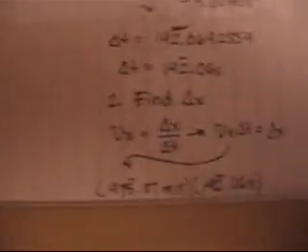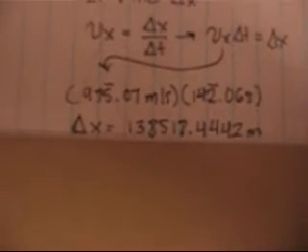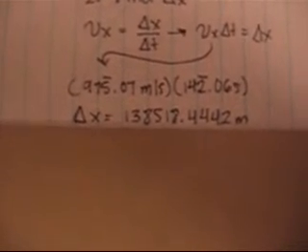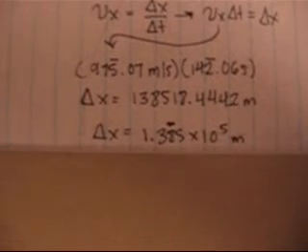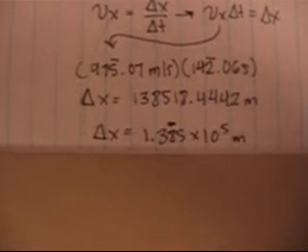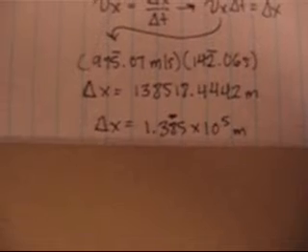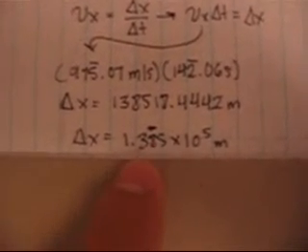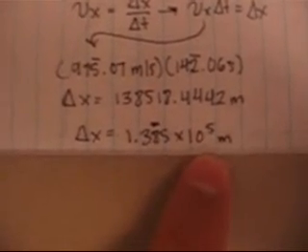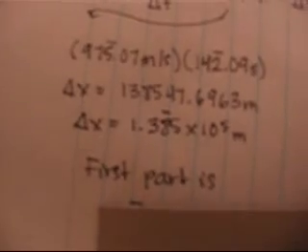Maybe we can jump to conclusions, but let's see what happens. So delta X gets that big number, shrink it down. So what I see here is 1.385 times 10 to the 5th, and back here that's exactly the same number I got last time. So well, now what?